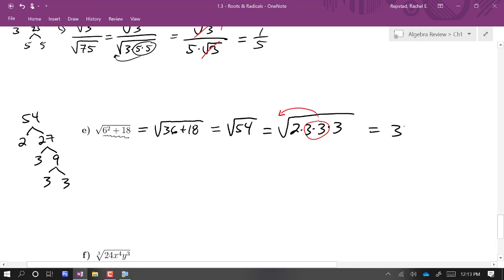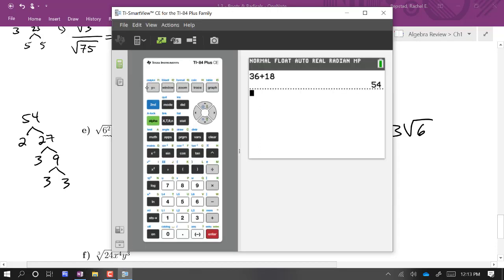This gives us 3 times the square root of, and left inside, 2 times 3 is 6. And there's our result. Now, because it's a numerical example, I can throw this in a calculator and check. The square root of 6 squared plus 18 gives us that result, and 3 times the square root of 6 gives us exactly the same thing.